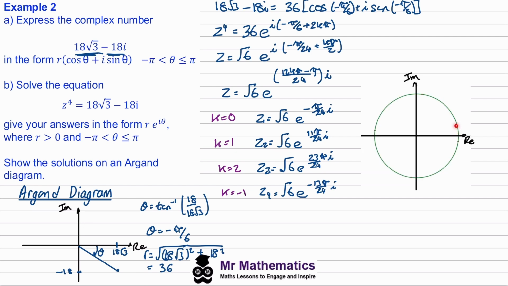We have our radius of root 6. And for z1, we've got negative pi over 24. So that will go about here. For z2, 11 pi over 24. For z3, 23 pi over 24.